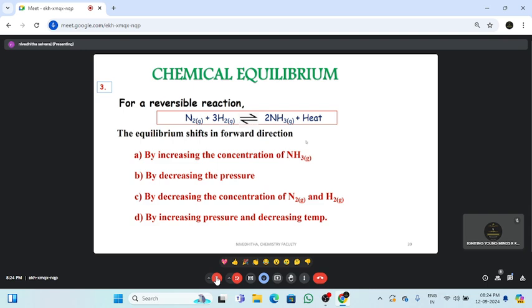So what is the essence of Le Chatelier's principle? Initially you told me the definition. So we'll see how to solve this kind of question.